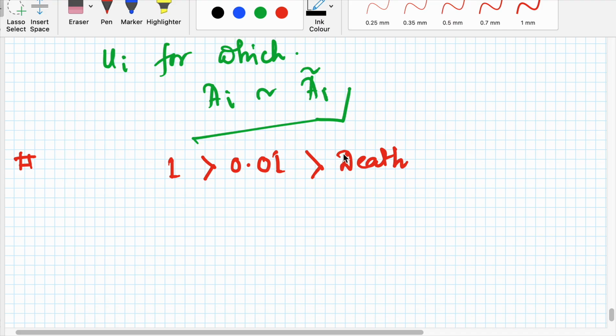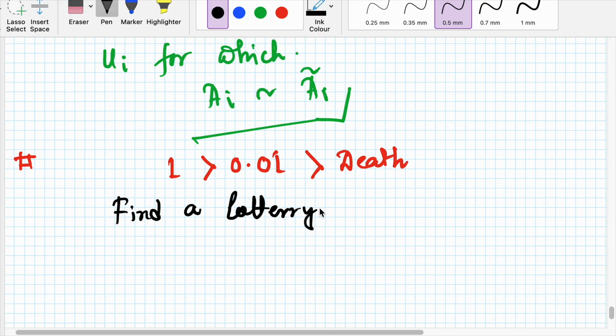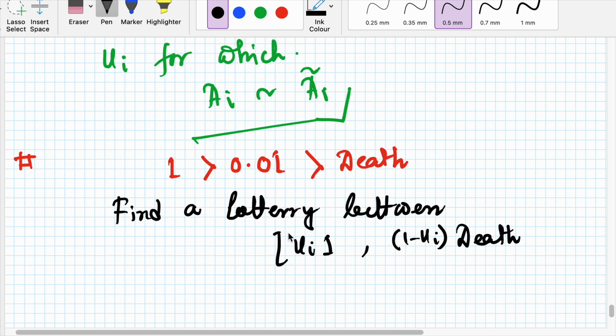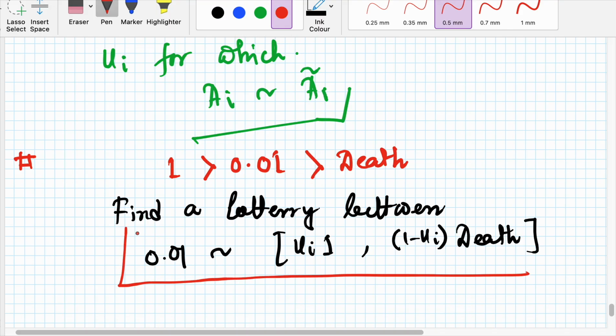Now if the continuity axiom assumption holds, then I will obviously find a lottery between 1 rupee and death, such that 1 paisa will be indifferent with the lottery over 1 rupee and death.